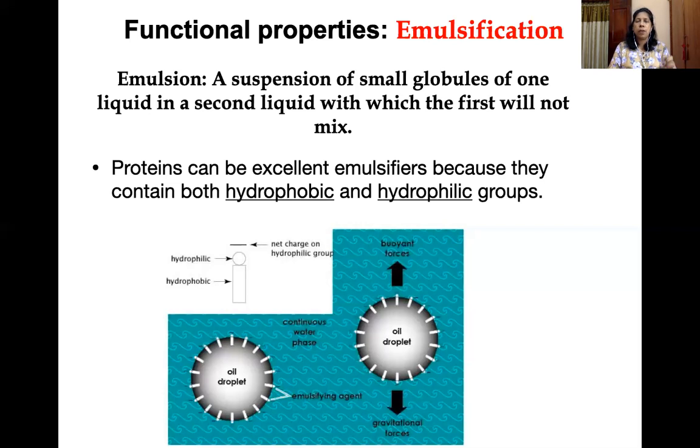And then the oil droplets are there, and water is there. If the oil is in the water, the continuous phase is water. You know about the continuous phase and dispersed phase: the continuous phase is the bigger one, and the dispersed phase is the smaller one.